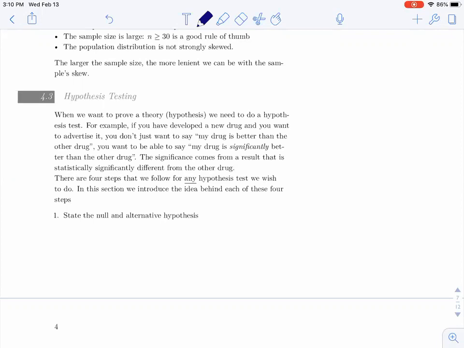But what's really nice is that once we've got those under control, which is what we'll do here in chapter 4, where we'll lay out all the rules, then all of those apply to all the next chapters. We'll be doing hypothesis testing for all these different types of questions.